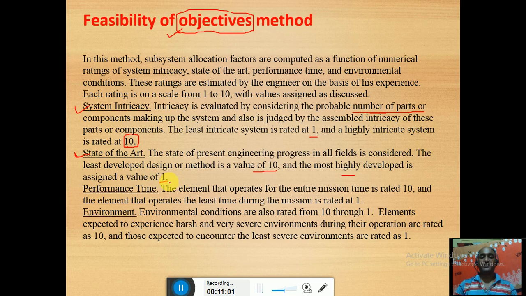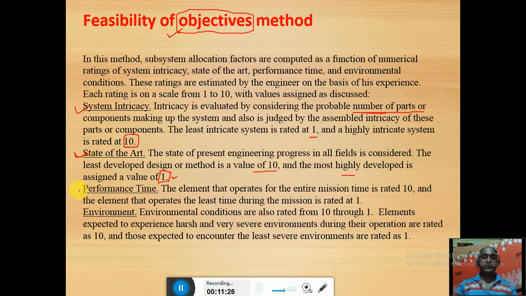Because if the system is already very developed, we don't need to allocate more reliability to it, so we allocate it number 1 or near 1. If it has very little state of the art, it is going to be critical, so we allocate a number towards 10.